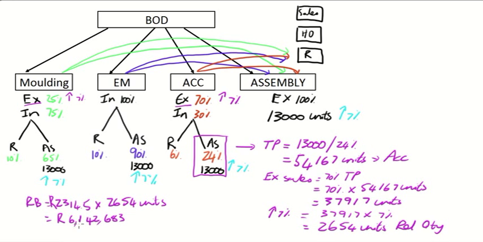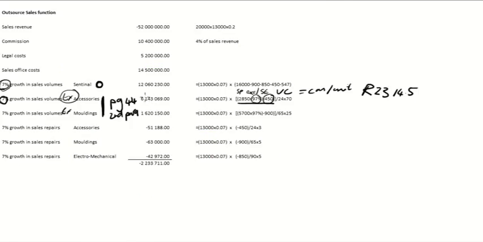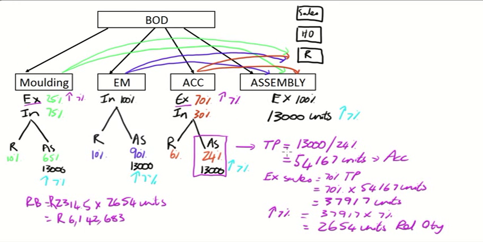So let's look at that 6.1 million, 6.142 million. Okay, and it's got 6.143. It must be probably different due to rounding. But that's how you would have calculated it. Basically what this fraction here represents is this process where I know that 13,000 is equal to 24% of total production, and external sales is equal to 70% of total production, and that's how we calculate our units.